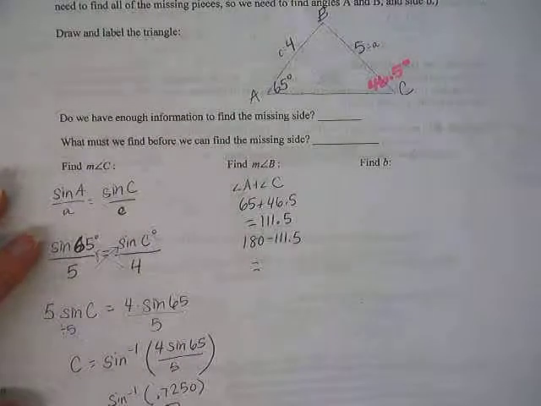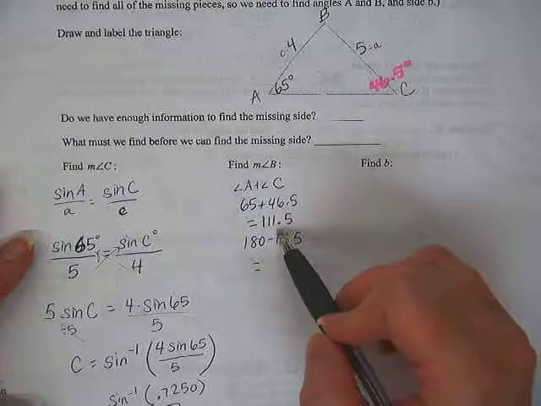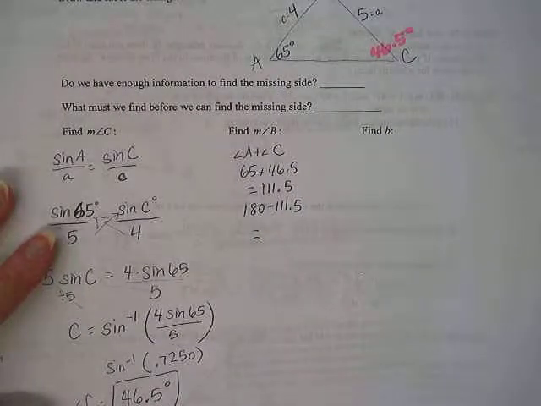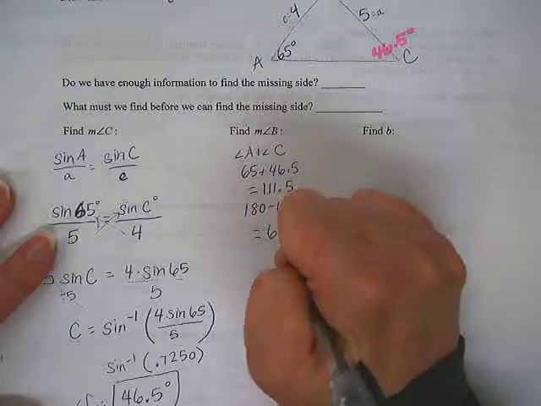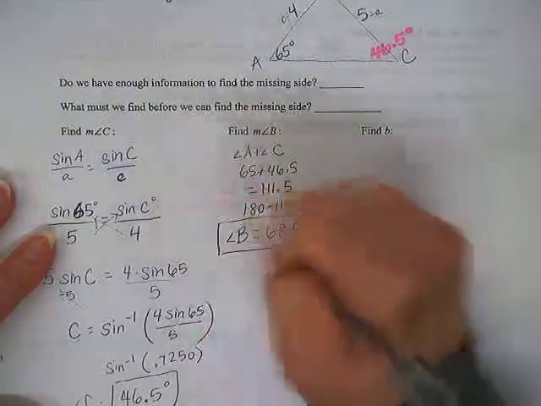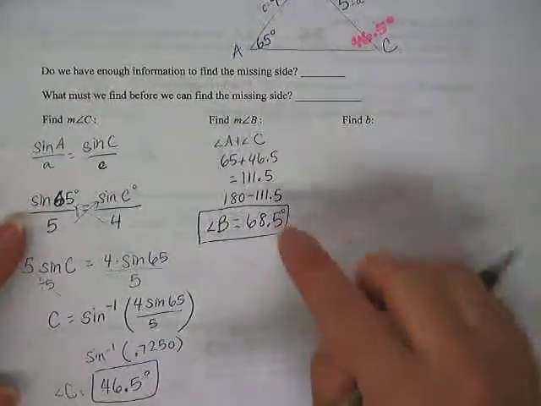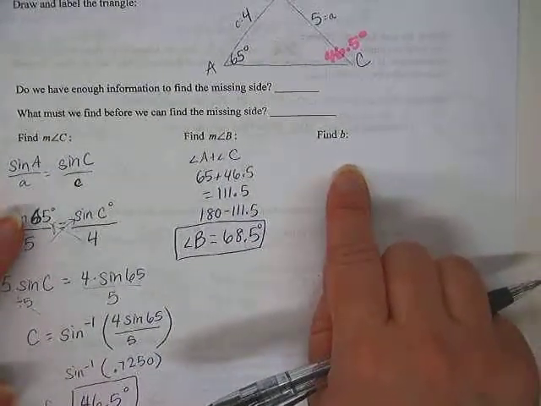It's already good. Okay, you worked ahead of us, and I'm writing in pen, dang it. 65 plus 46.5, actually, it is right. So 65 plus 46.5 equals 111.5. So then we take 180 minus 111.5, and we get 68.5.